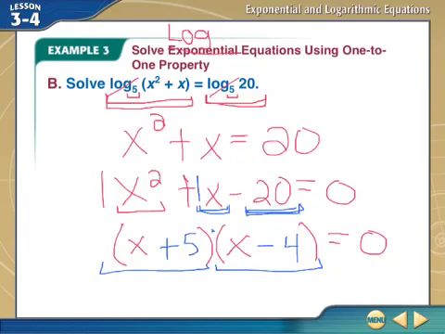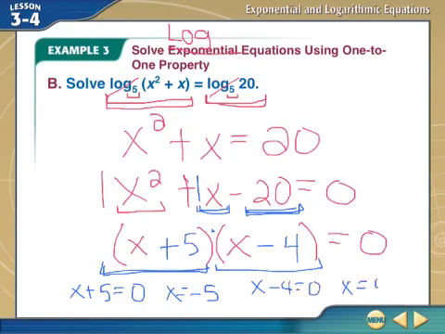So if x plus 5 equals 0, then x is negative 5. And if x minus 4 is equal to 0, that means x has a value of 4. So our 2 solutions are negative 5 and positive 4.